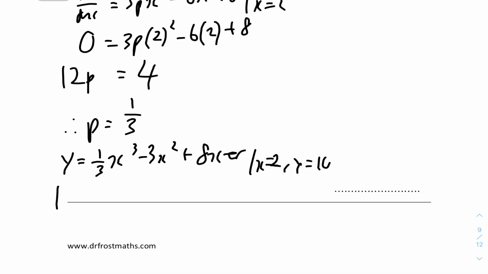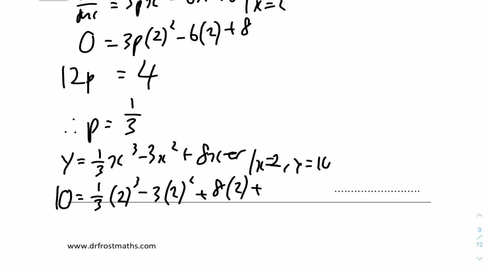So it will be 10 equals a third times 2 cubed minus 3 times 2 squared plus 8 times 2 plus r. Let me put it into my calculator: 1 over 3 times 2 cubed minus 3 times 2 squared plus 8 times 2, which is 20 over 3 plus r.